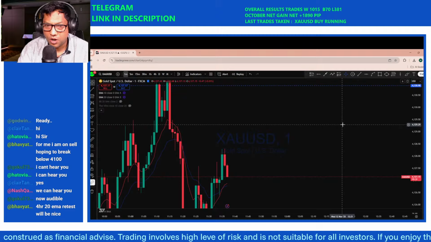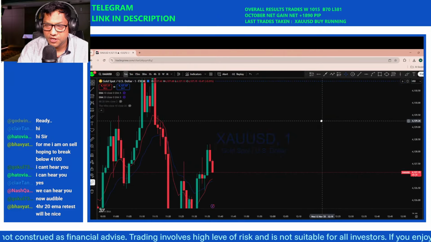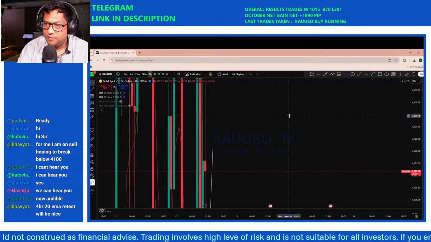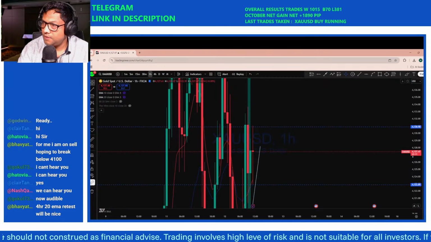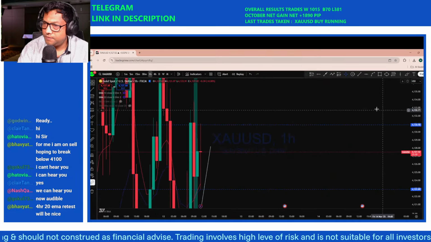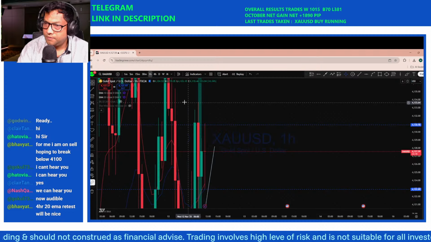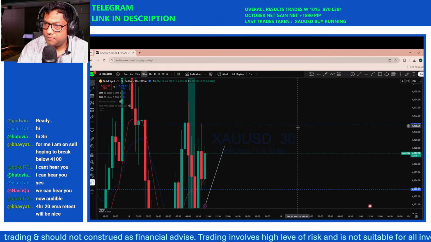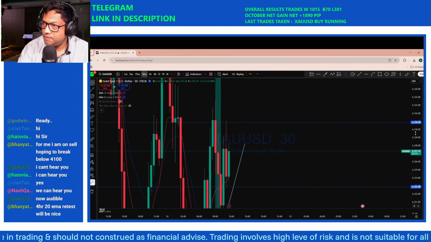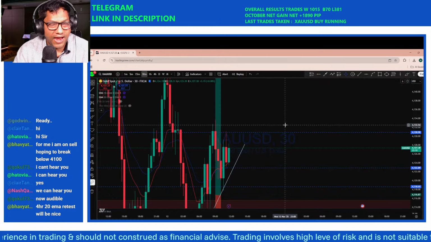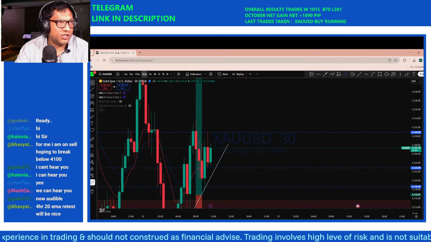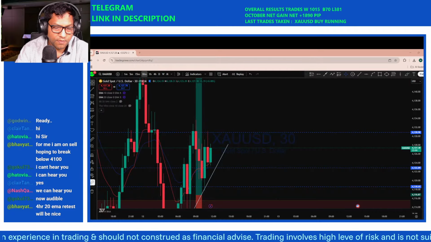For our 20 MA retest will be nice. For our 20 MA, this is what we're looking at in that area to see where it is heading to.